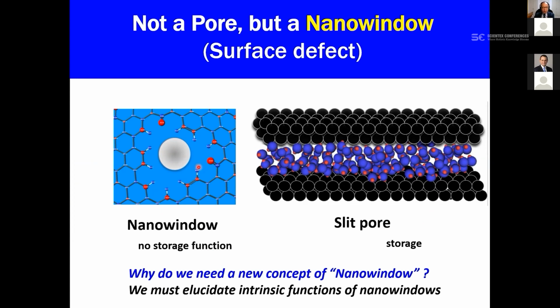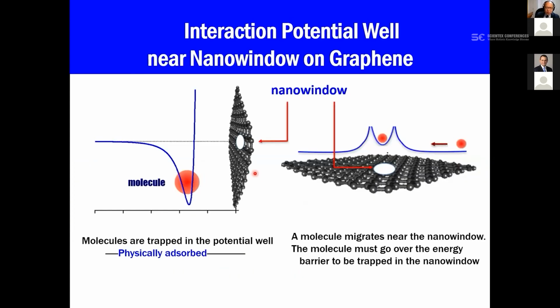This nano window can distinguish and recognize molecules. So this nano window has a very unique function. And also the surface process is different from nanopores. Here I will show you. This is the nano window in graphene.